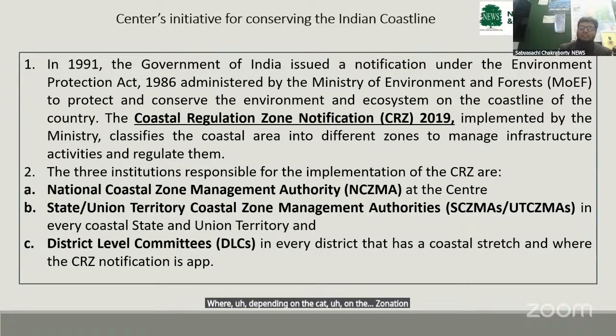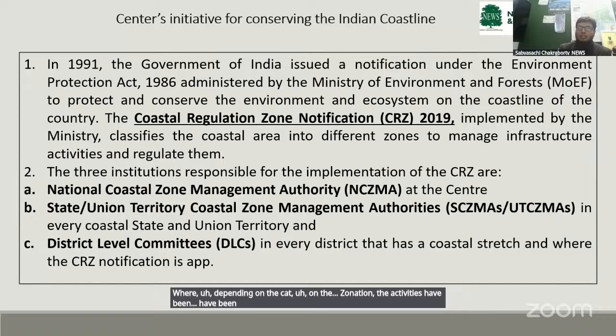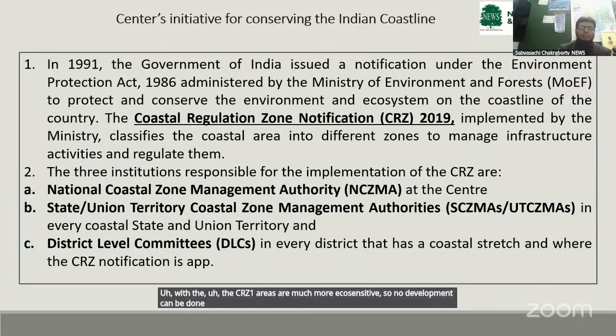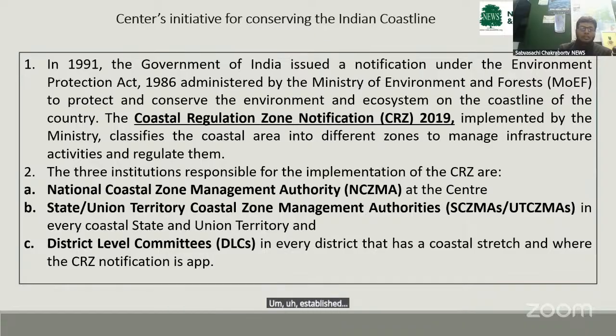where, depending on the zonation, the activities have been framed. The CRZ1 areas are much more eco-sensitive, so no development can be done there and no infrastructure can be established. These are now being done to manage the infrastructure and regulate it.